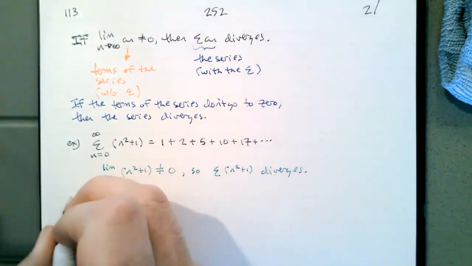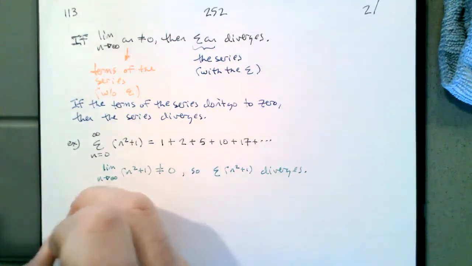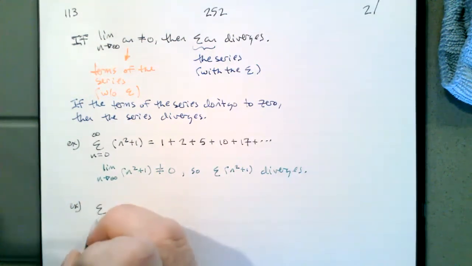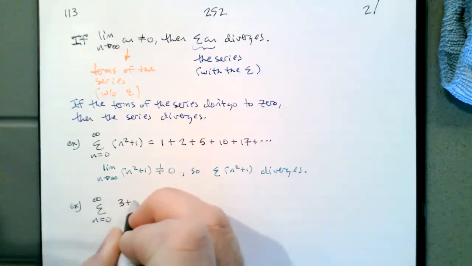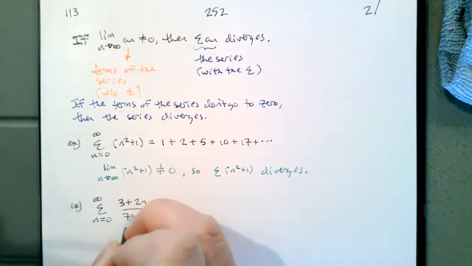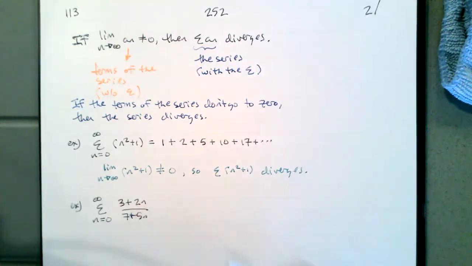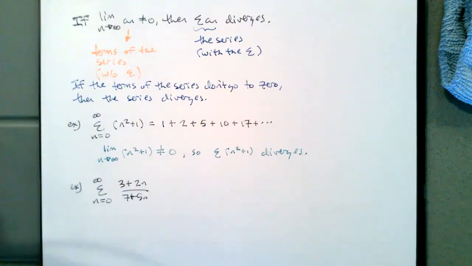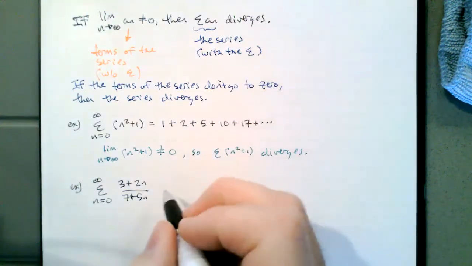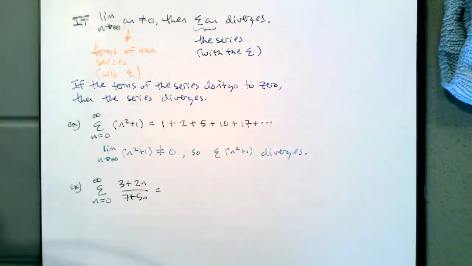Another example of some terms that we saw the other day, but in sequence form. So here's the series where the terms look like (3 plus 2n) over (7 plus 5n). This series is going to diverge because the terms don't go to 0.